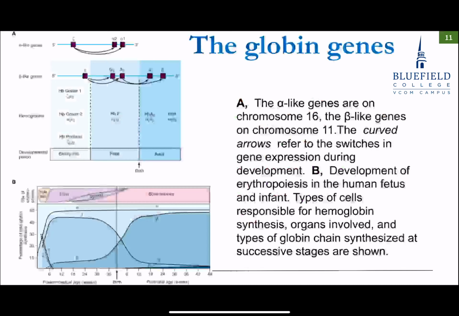And this is shown here. So for example, Gower 1 for beta-like genes has epsilon, then Gower 2 also has epsilon, and for Portland, it's one of the gamma genes.